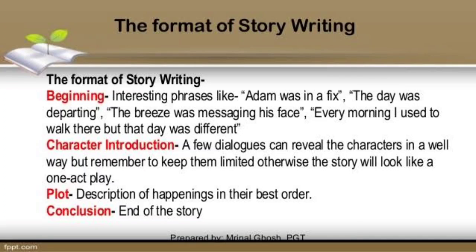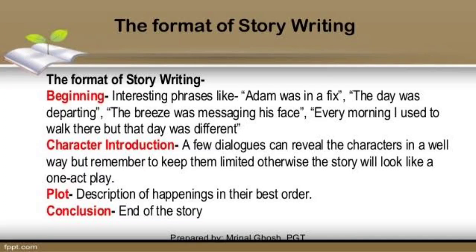The next important thing is character introduction. A few dialogues can reveal the characters well, but remember to keep them limited, otherwise the story will look like a one-act play. The third thing is the plot.